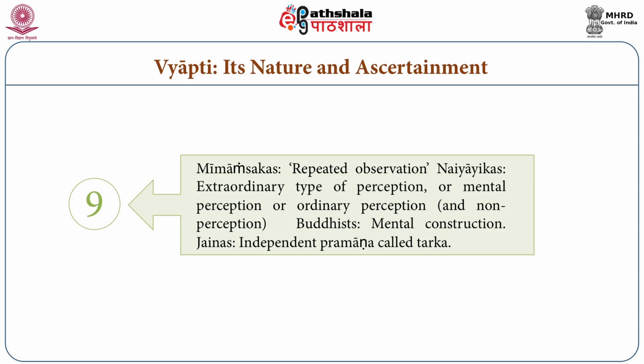Buddhists would say that it is a kind of mental construction which is based on necessary relation between Hetu and Sadhya. Jainas would say that no, an independent pramana is needed for explaining the knowledge of Vyapti, and they call this pramana as tarka.